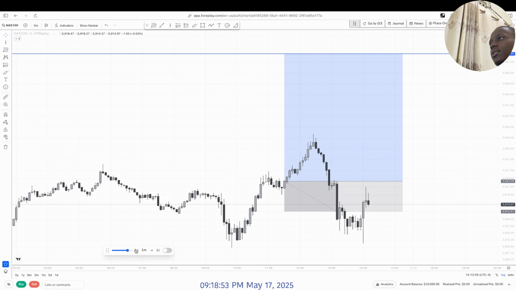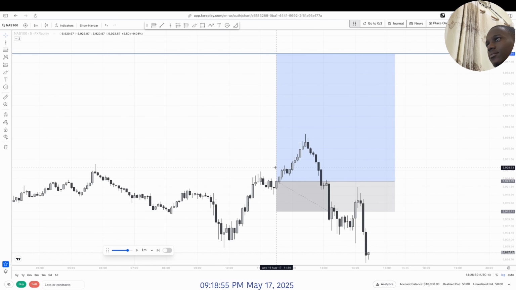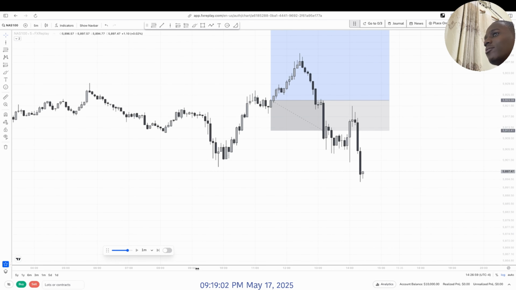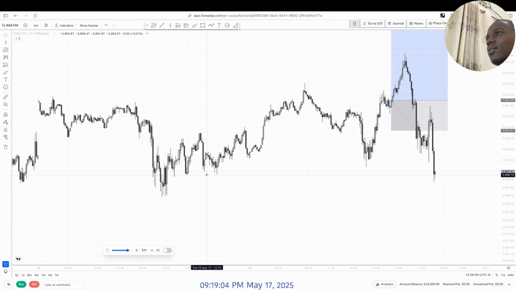Let's play this and see. We have a good fair value gap, which means we are now about to target the equal lows. This ones we already took them, and this is also another major low, so we can also target it to be taken out.